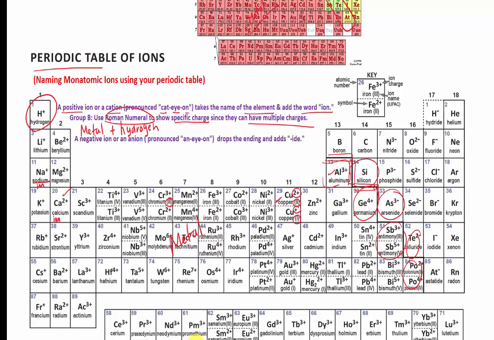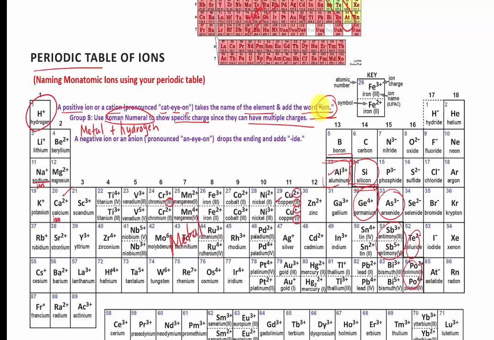And one last thing I want to mention is that if we look at all the positive ions, why doesn't this periodic table have the word ion on it? Because in most cases, we use the term ion when we specifically say, hey, this is an ion to distinguish it from the elements.